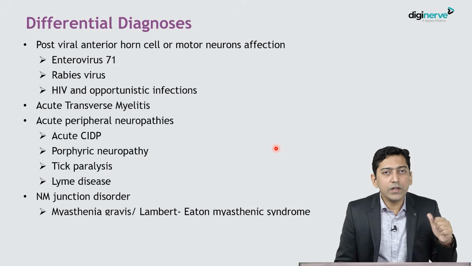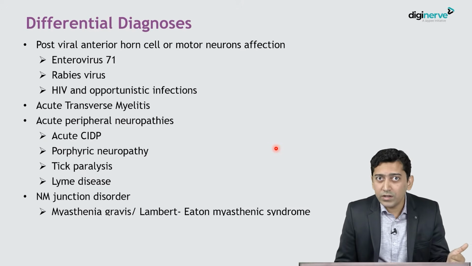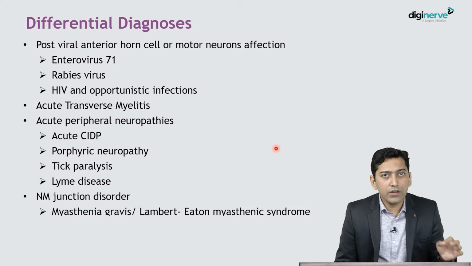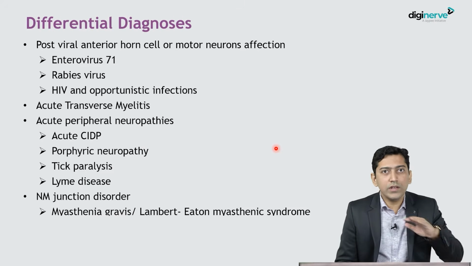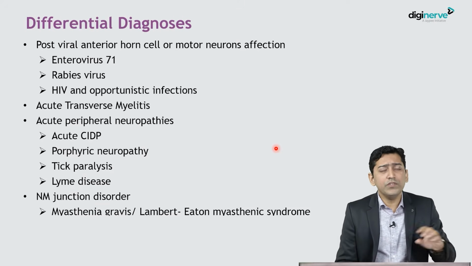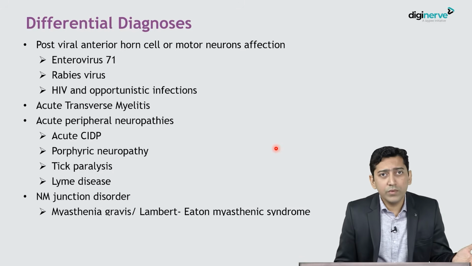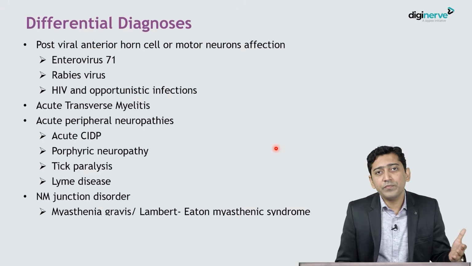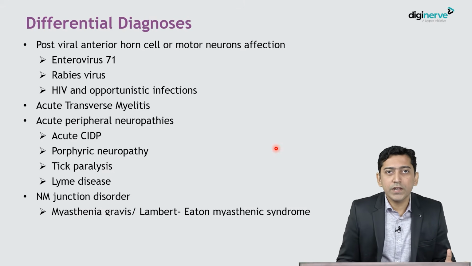But we have to take a very detailed history on whether there is any sign of a myelopathy, such as a definite sensory level, if there are any brisk reflexes anywhere in the body, and if there is a clear-cut history which suggests a myelopathy instead.